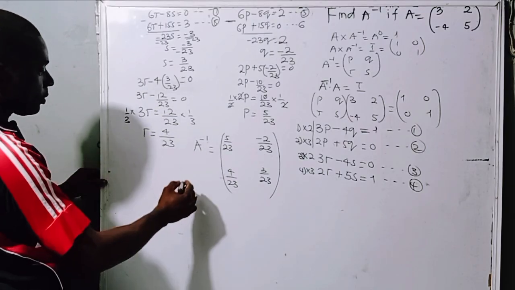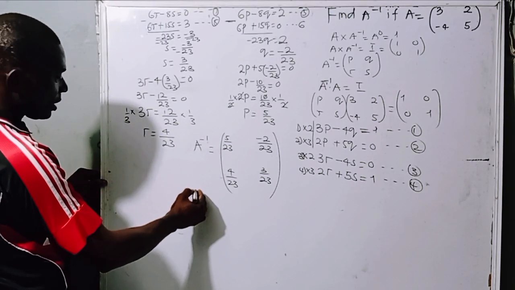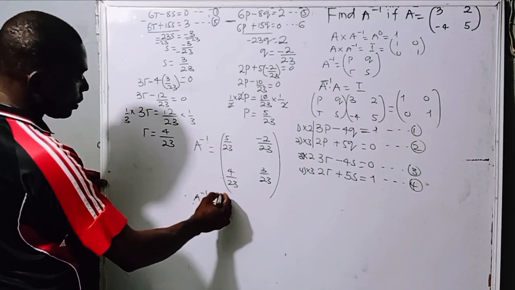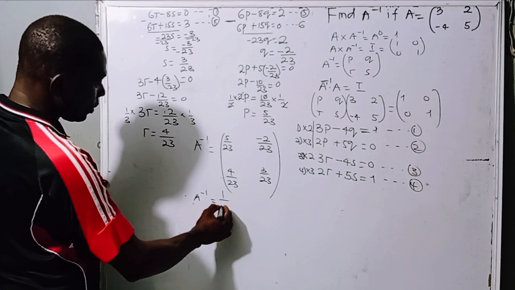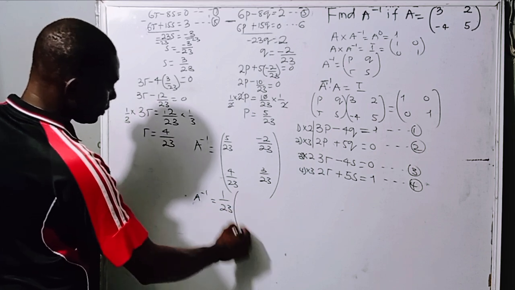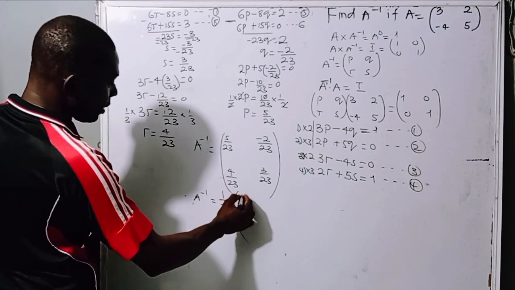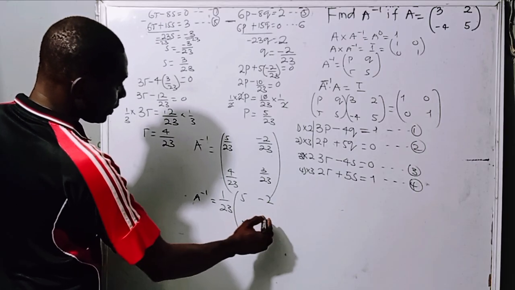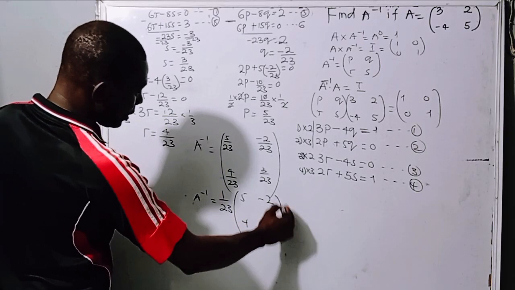So we can either leave it like this, or we pull the 1 over 23 out, which is common, then into the matrix 5, negative 2, then 4, negative 3.